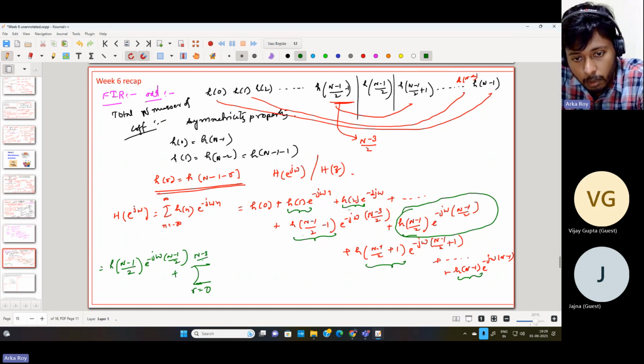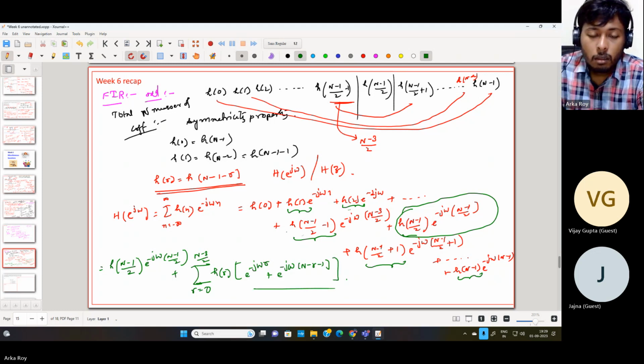And therefore, h of r. Then I can group this operation, so it will be e to the power minus j omega r, followed by e to the power minus j omega n minus r minus 1.